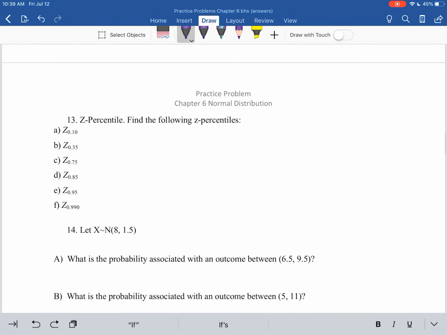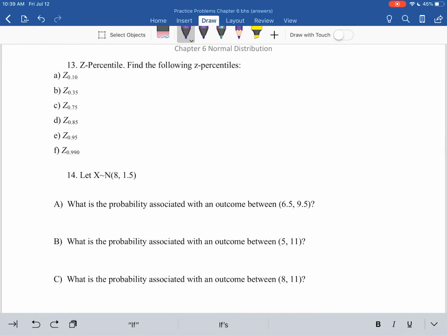Moving on to number 13, we have z percentiles. Find the following z percentiles. Remember, if you have a z and then this underscore value, we're looking for this percent and then converting it to the z value it is. So you go into the middle of the table and find your percentile at 10%.